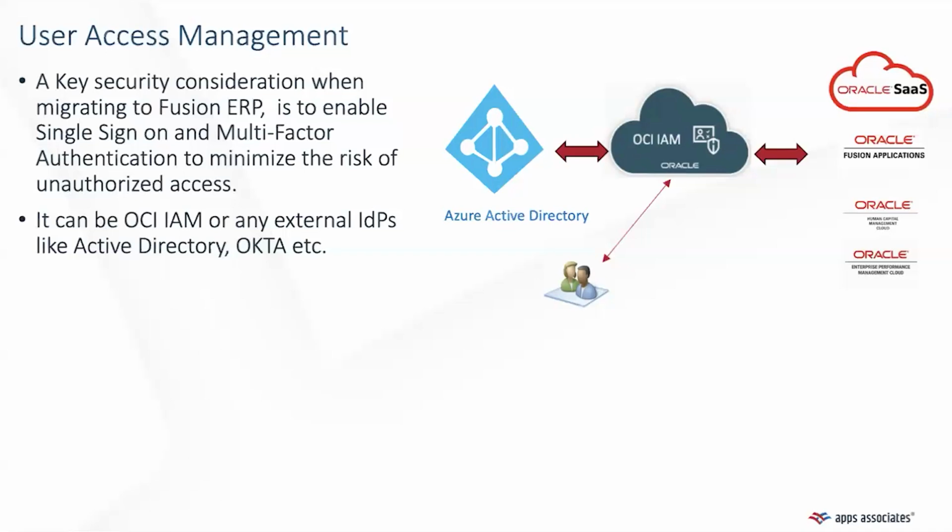But this is very crucial when you are starting the journey. Make sure you secure your user authentication with multi-factor baked into this security process, so that you can minimize unauthorized access. That is a very critical part of your security posture.